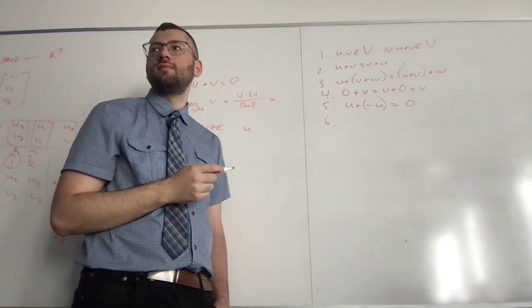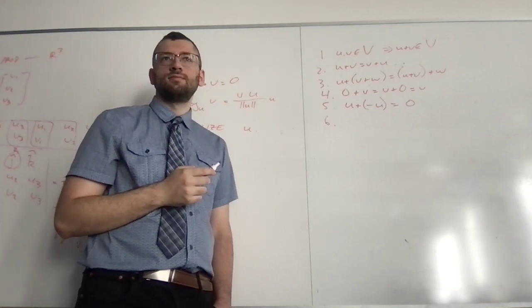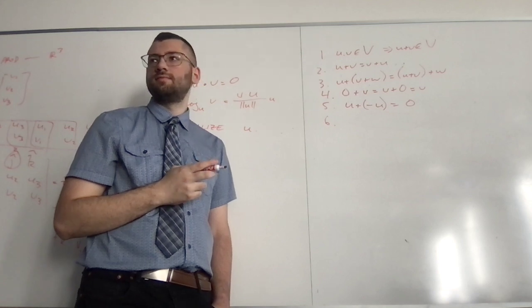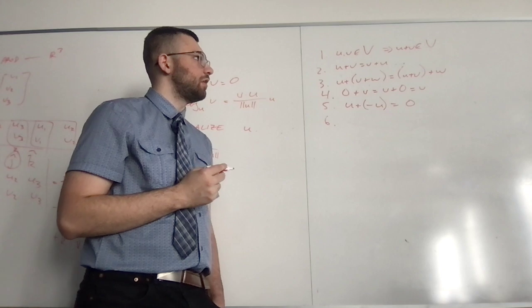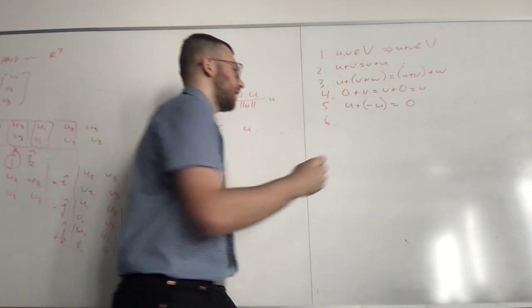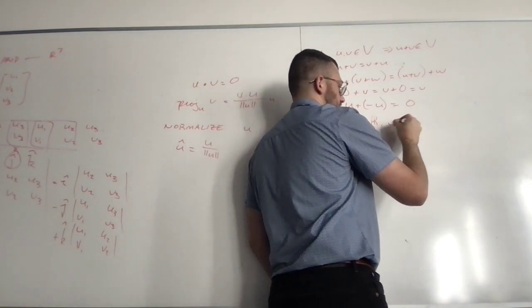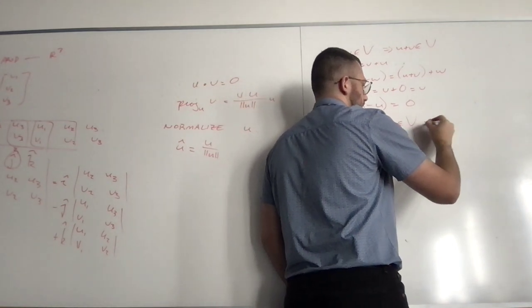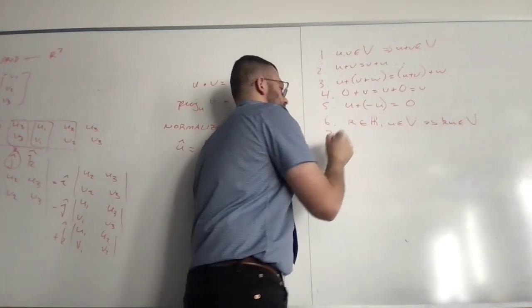There's supposed to be another one where it's like, oh wait, no, that's... Oh, is it like U times V and then V times U? Nope, because you can't multiply vectors. KU, right? So if K is in R and U is in V, then KU is in V. 7?